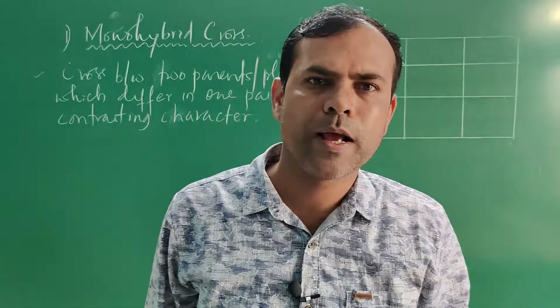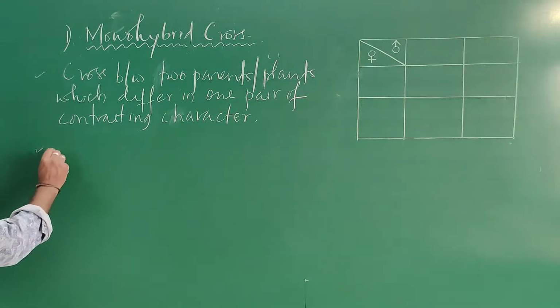But monohybrid cross is also known as one gene inheritance. So let's see what is one gene inheritance.